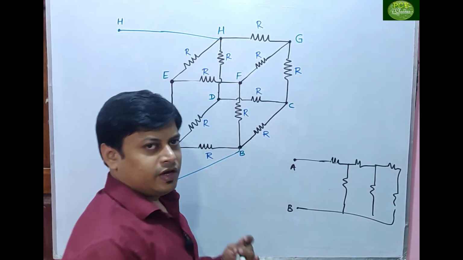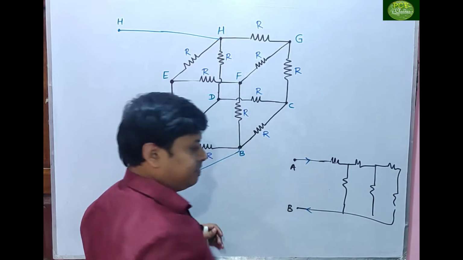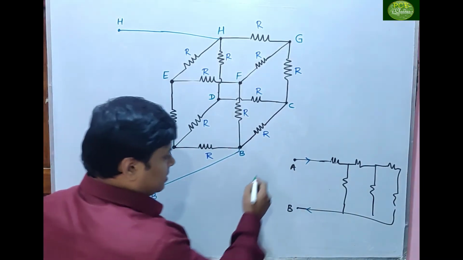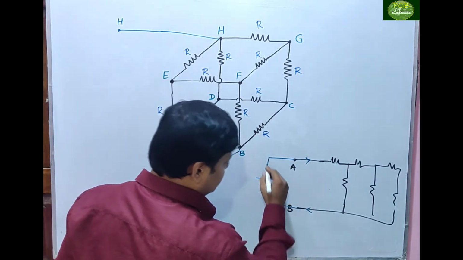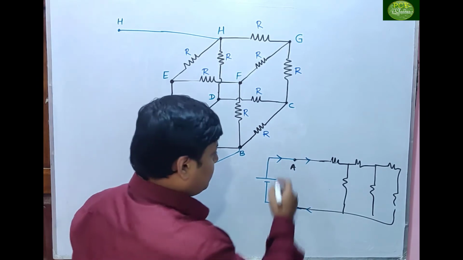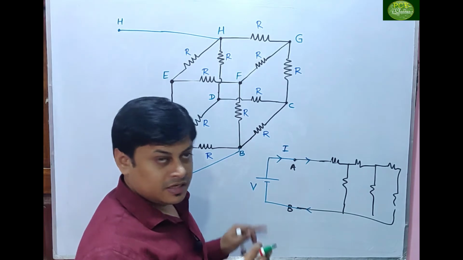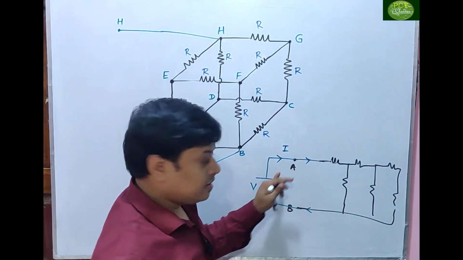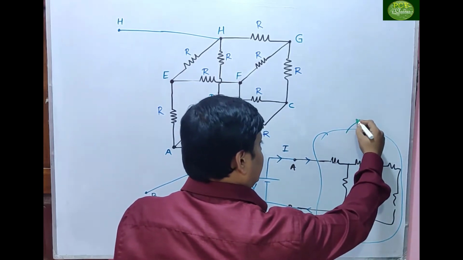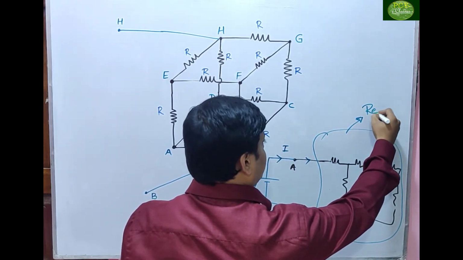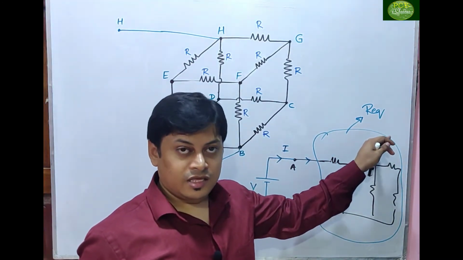Observing means we are assuming that a current is flowing from A and coming back to B. It means that we have a voltage source across it which pumps some current. Can I consider this one as I? Can I consider this one as V? Yes, this is a voltage source which pumps current I into the entire circuit, and the R equivalent across AB I am taking as REQ.